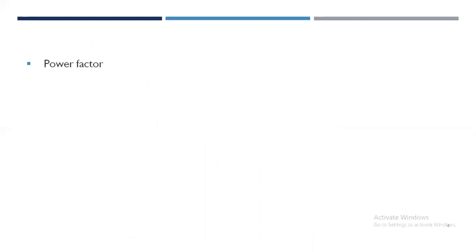Let's see the power factor. The AC power supplied to the converter is given by PAC equals root 3 ELL I1 cos phi, where phi is the fundamental frequency power factor.